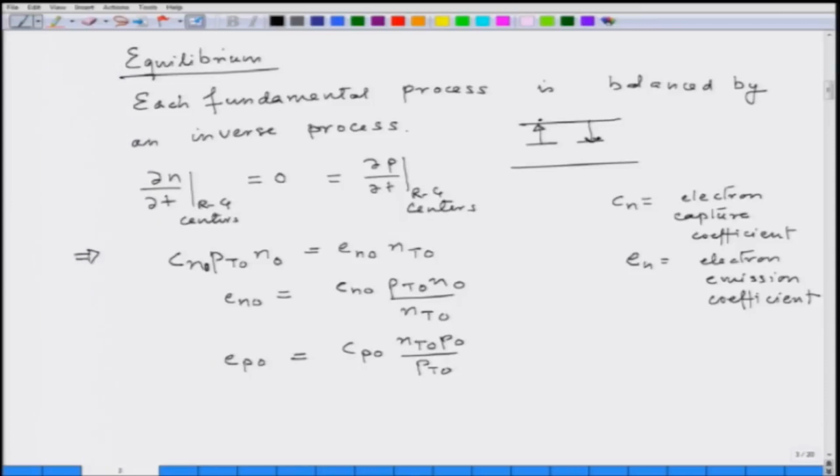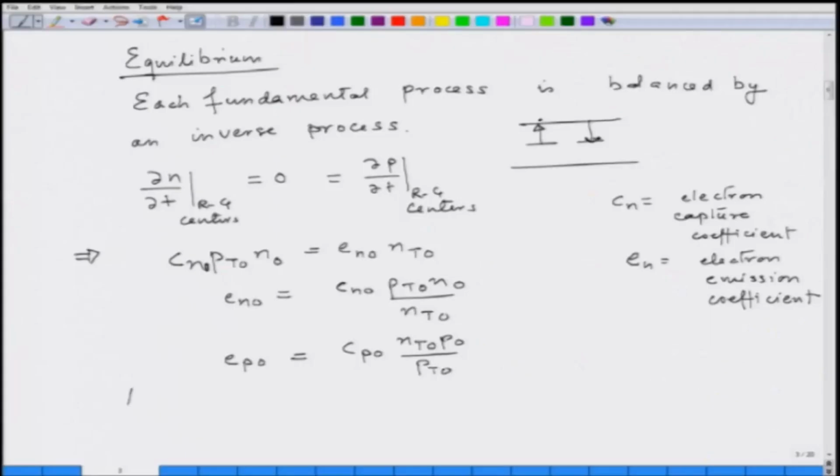Now, although the capture coefficient and the emission coefficient for electrons and holes may change as things change, we are going to make an assumption here: we assume that E_n remains similar to its value in equilibrium, and C_n also remains similar to its value in equilibrium. Similarly, for the holes, E_p is close to what it is in equilibrium, and for capture of holes also its value is close to what it is in equilibrium.